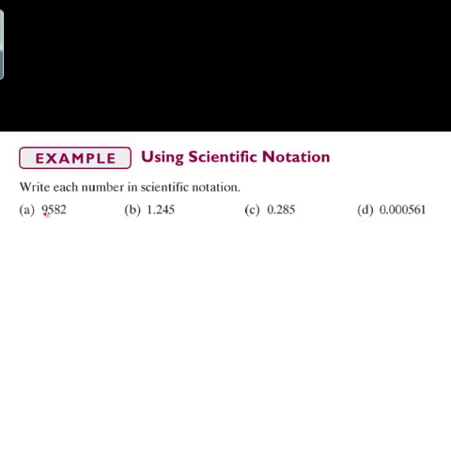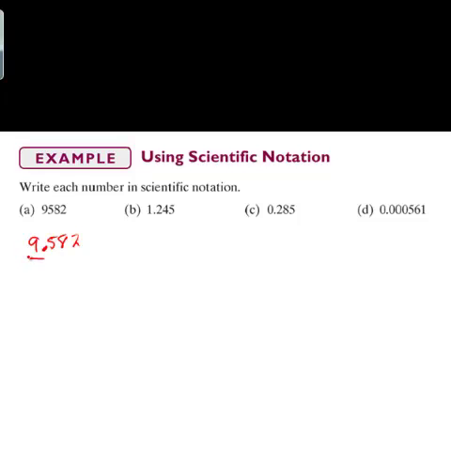So here we go, we've got 9,582. How do we write that in scientific notation to where we have 9.582? Remember, you need to have your decimal point just to the right of the ones position. And you can't have any numbers in the tens position right here.